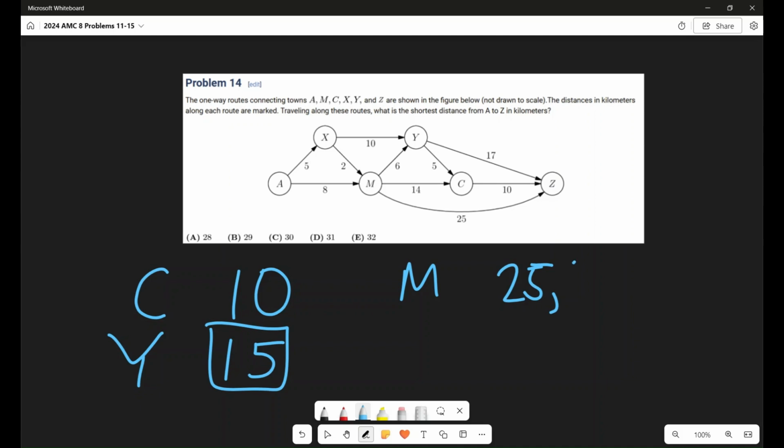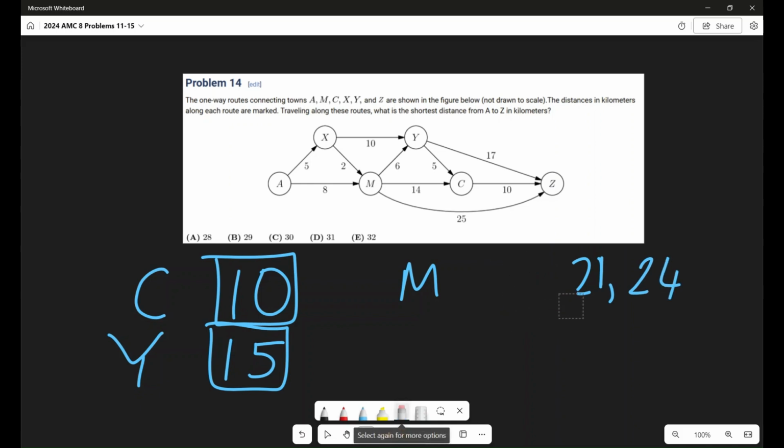So 6 plus 15 is 21. Or you can take a path of 14 to C, and then take the shortest path from C to Z, which we found to be 10. And that would give a total of 14 plus 10, which is 24. And obviously, the smallest number in this list is 21. So let's replace that list with 21.